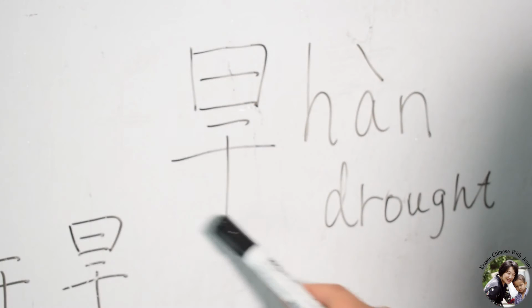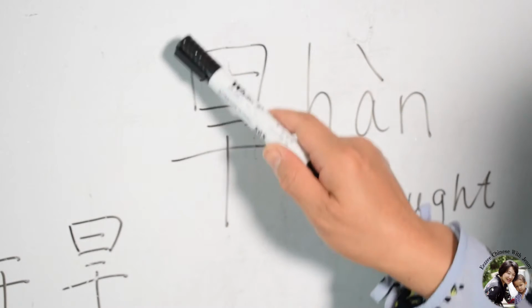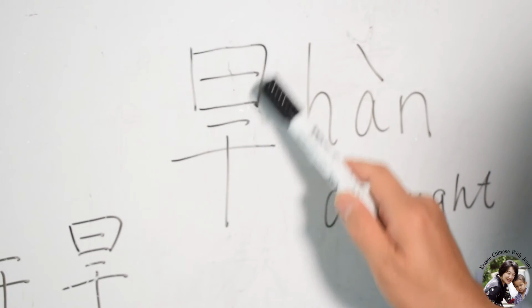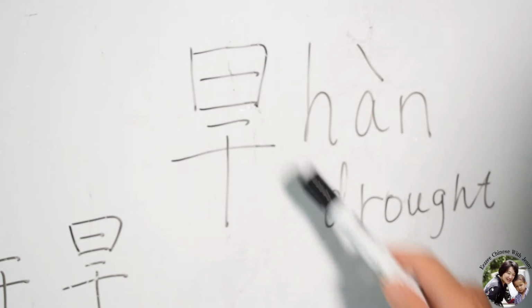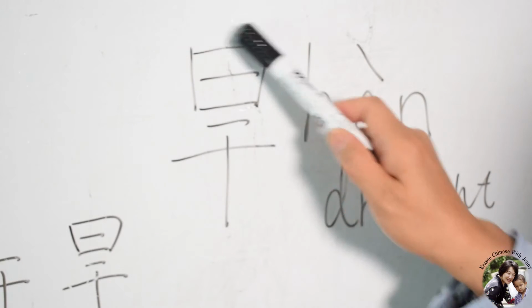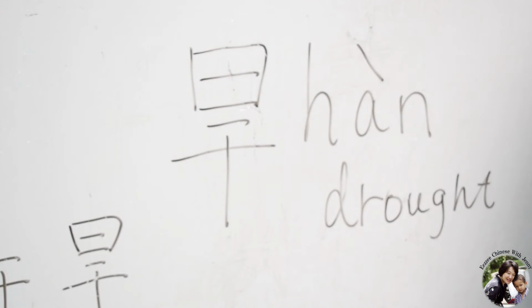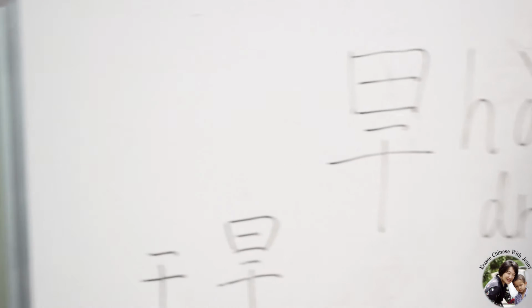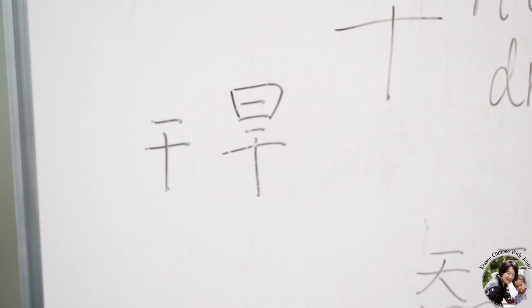We have just learned this character means dry, gan. And if I put a sun on top of gan, it means drought, almost a similar meaning. The pronunciation is han, fourth tone. Put gan, han together, it also means dry or drought.